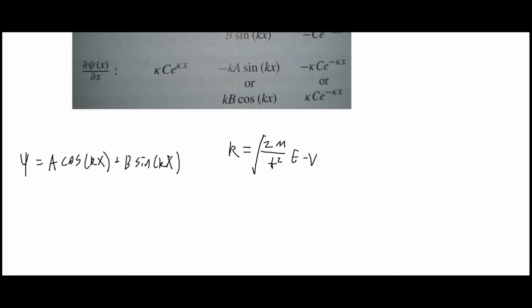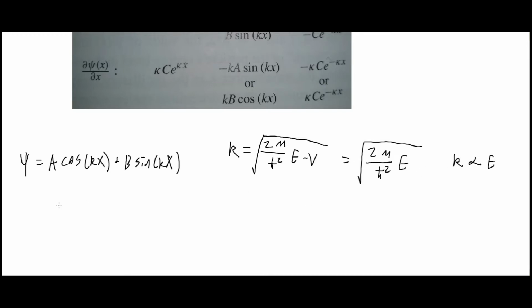But inside the well, and it doesn't have to be the case, but for this illustrative purpose we say that we have no potential, and so this simplifies to 2m over h bar squared E. And so then we know that k is proportional to the energy of our particle.